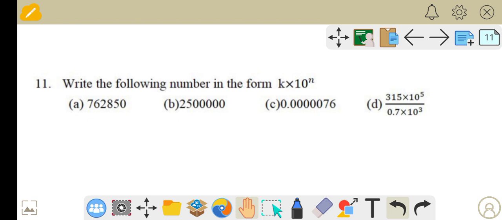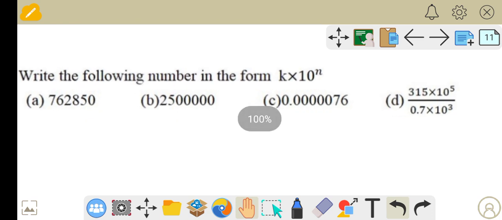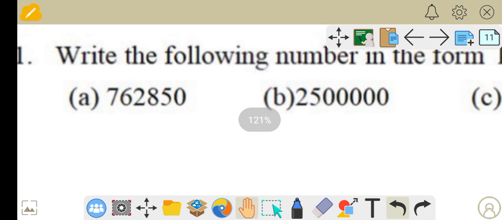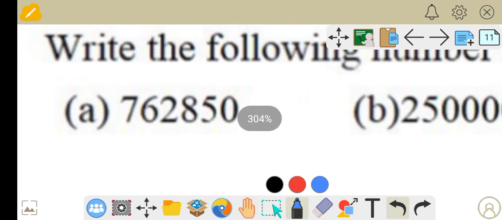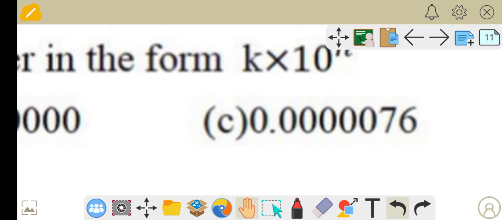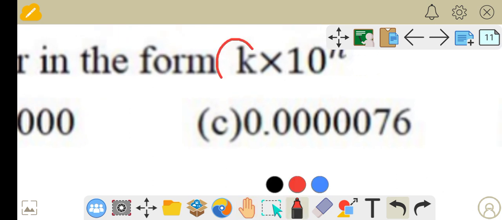Write the following number in the form of k into 10 to the power n. The first number, we can see that there is a decimal at the last, because if there is no decimal, we will consider it at the last. So there is a decimal, and we want to put this decimal after 7, because we know in this form the value of k should be greater than or equal to 1 but less than 10.